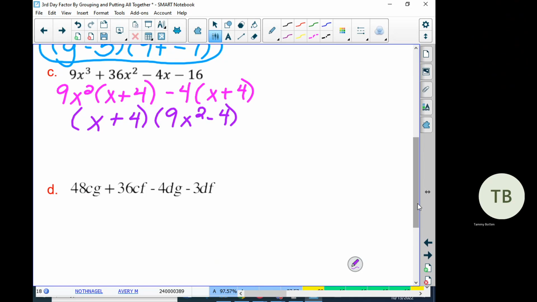Your variable has to be to an even power, and it is. And 9 and 4 have to both be perfect squares. And on the back side of your cheat sheet, you guys have the perfect squares, and 9 and 4 are perfect squares. So that means this can be factored further. This one cannot, so I just bring that down.